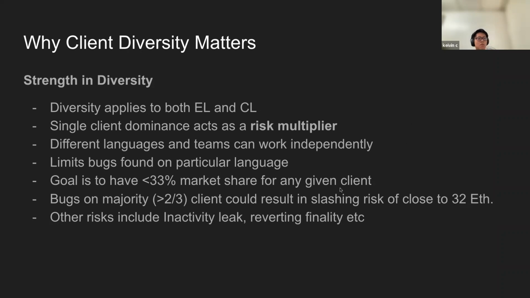This is simply because the underlying code of the Ethereum network is written in a way where if any client goes above 33% dominance, and if any issues were to happen, it could result in slashing, which is a way to impose penalties. Of course, it's not always 32 ETH. There are some calculations that could be somewhat complex as well. Other risks also include inactivity leak and rebuilding finality, which I won't be covering here today.